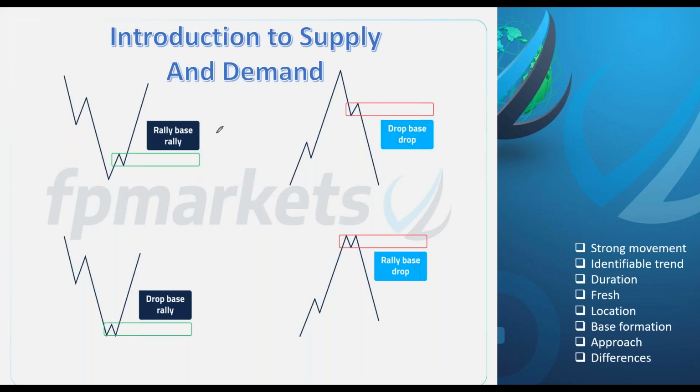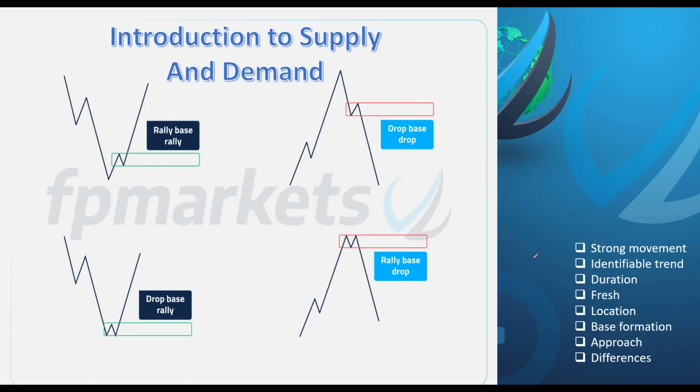So for ease, we have the RBR, the rally base rally, and the DBD, the drop base drop, and then we have the drop base rally or DBR and rally base drop or RBD. It's just shorthand really, guys, nothing more.